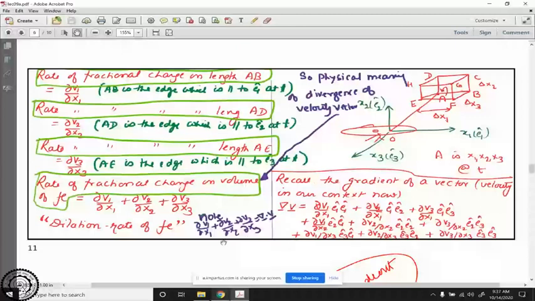Such physical meanings will be coming our way once in a while, and I will try my best to keep highlighting them. This is yet another example. We saw an example of the advection operator last week, and now the divergence of the velocity field has a physical meaning.